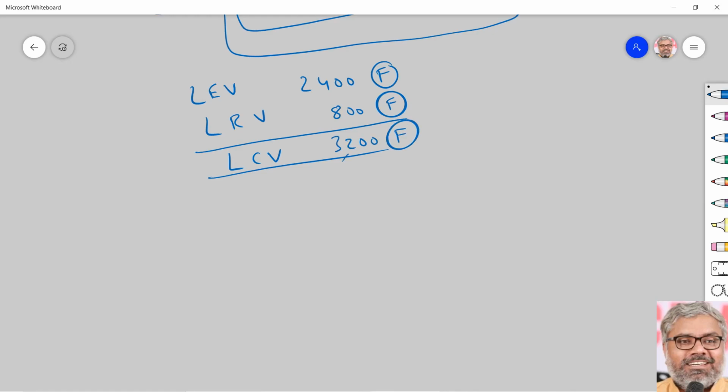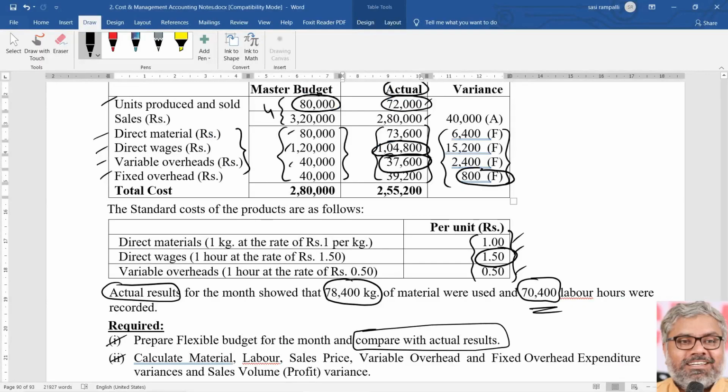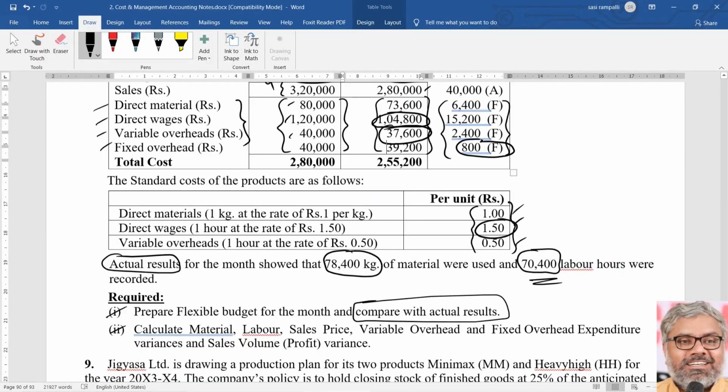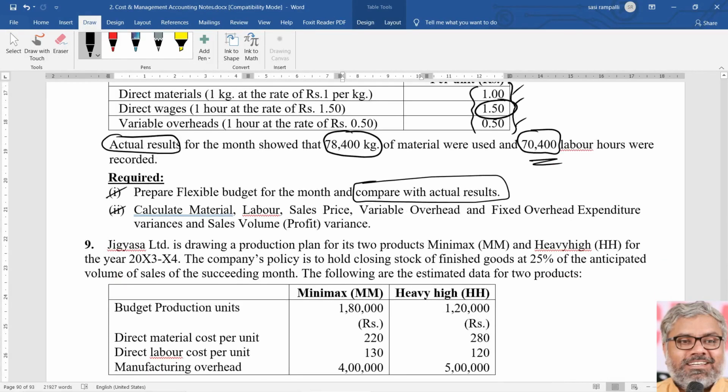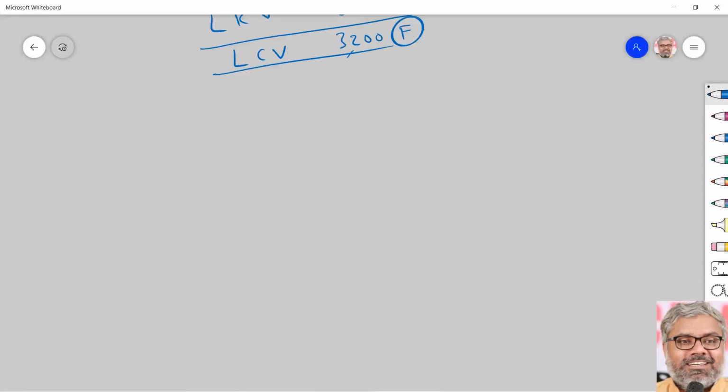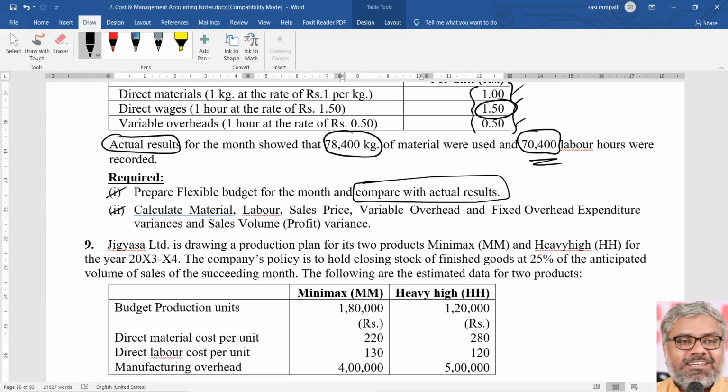Then also as asked, variable overhead variances and fixed overhead expenditure variance is particularly asked. Let us find out variable overhead variance and then also fixed overhead expenditure variance. Variable overhead variances can be found out using the similar formula: SR SH, SR AH, AR AH. From the question, what was the standard rate of variable overheads?